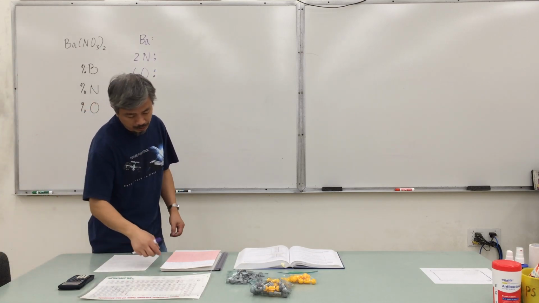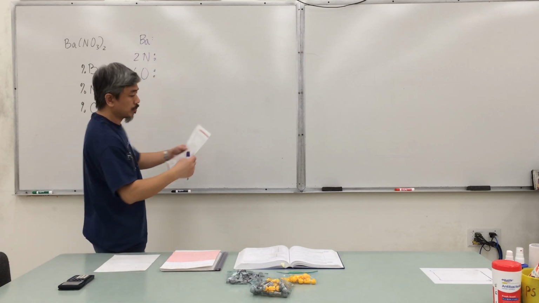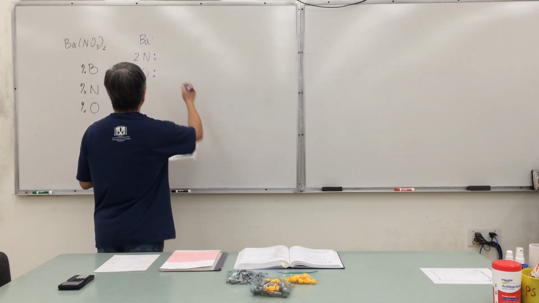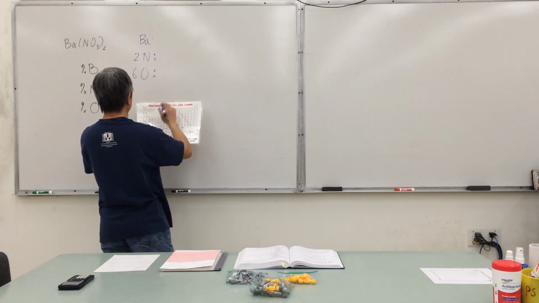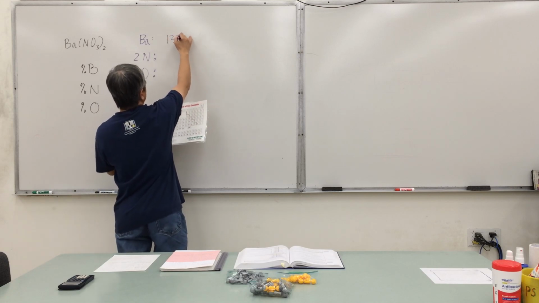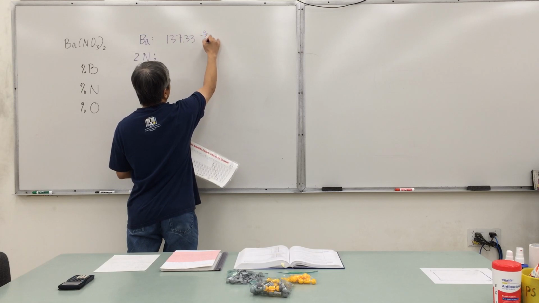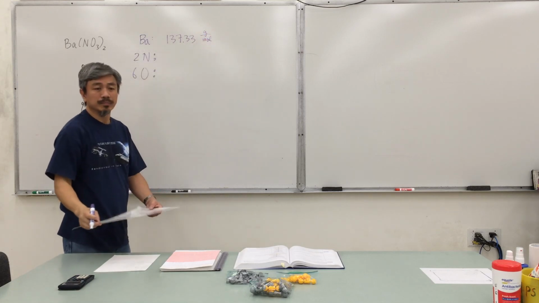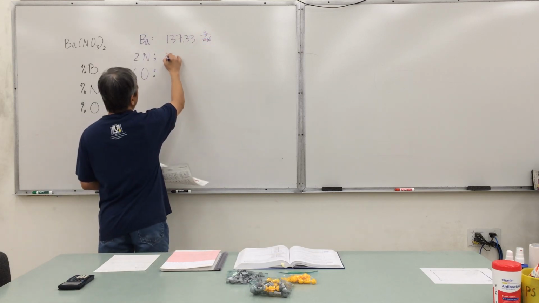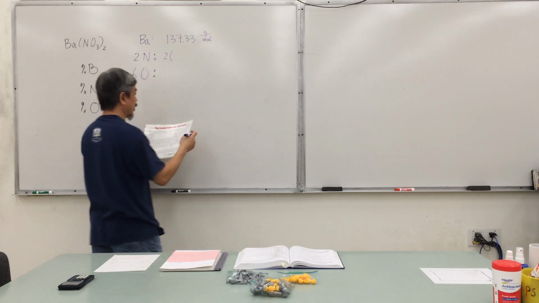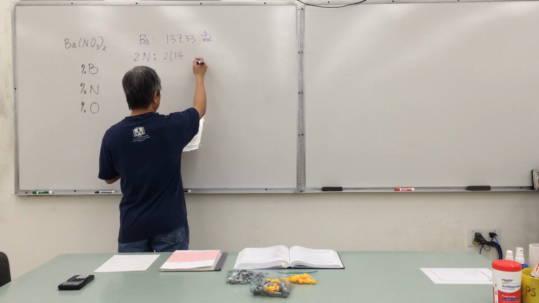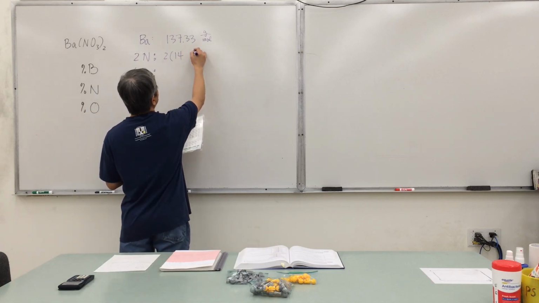So if you look at this from your periodic table, you find that for barium, right over here, this is roughly 137.33. You can use grams per mole, or you can use AMU, doesn't really matter. Then for your nitrogen, 2 times now, nitrogen will have a value of 14 point, let's go ahead and round it up to 14 grams per mole.